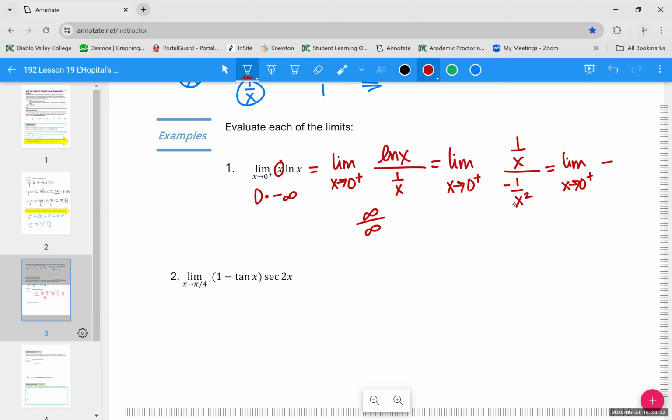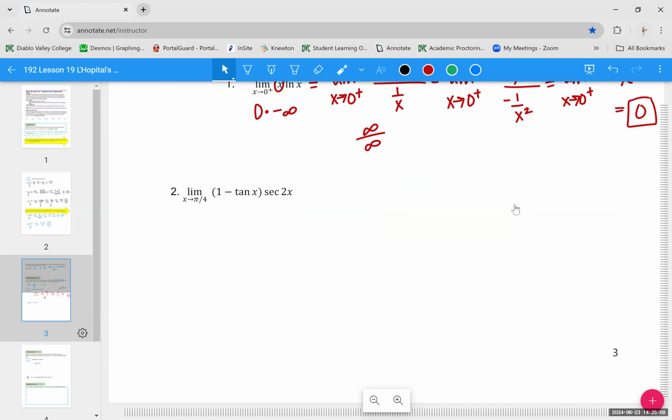I will have a negative, x to the negative 1 over x to the negative 2 will just be x. And so that is going to go to 0. Okay. If you need to just work this out on the side with a little bit more detail, you take the numerator, you multiply it by the reciprocal of the denominator. You can see how we get that.